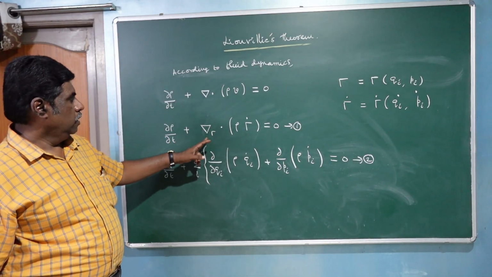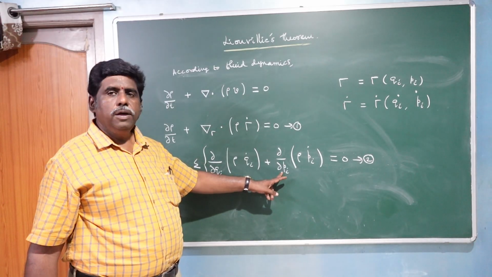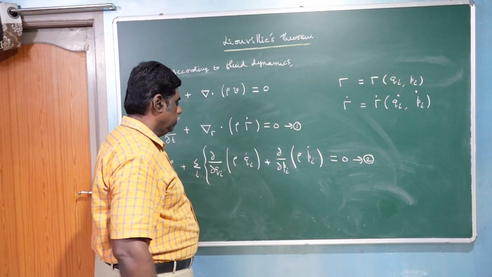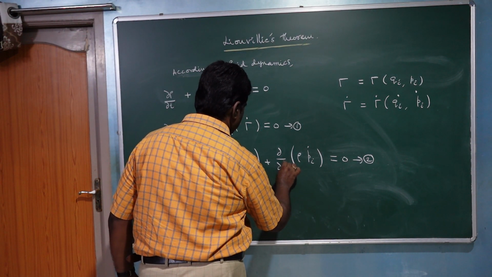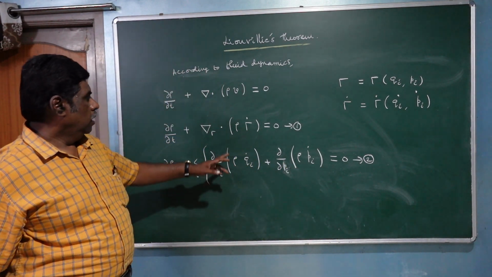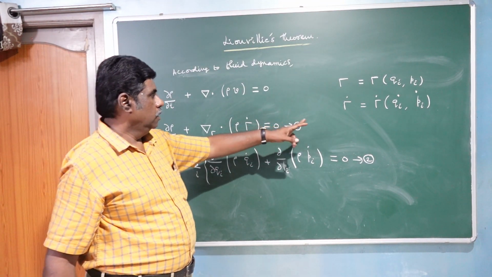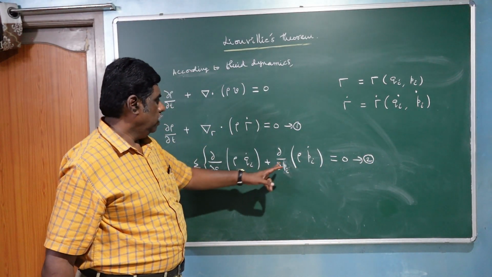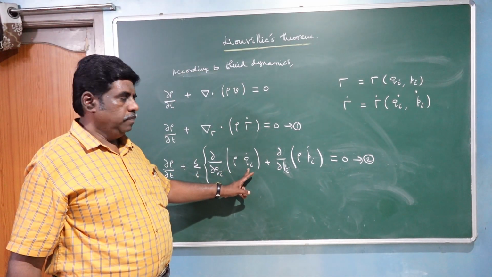See here, this operator is replaced by means of dou by dou qi and dou by dou pi. This is pi, not dot pi, simply pi. Here gamma dot is our velocity. We have expressed it in terms of qi dot and pi dot. Qi dot, pi dot: this is u, this is v.